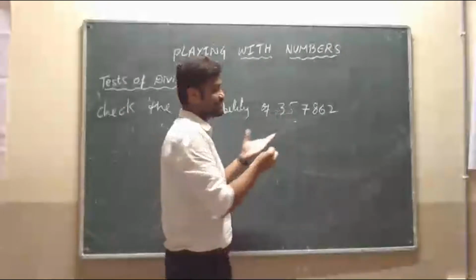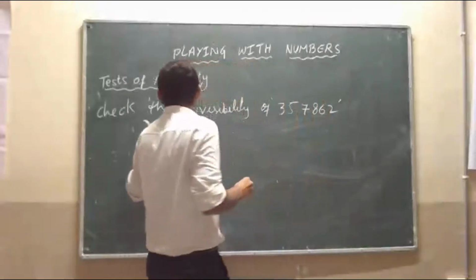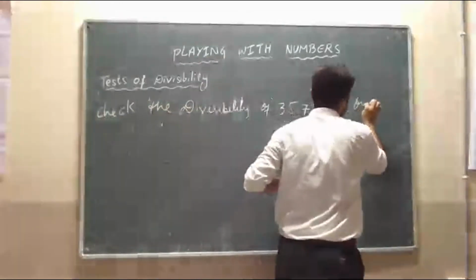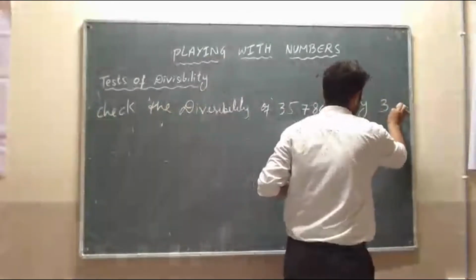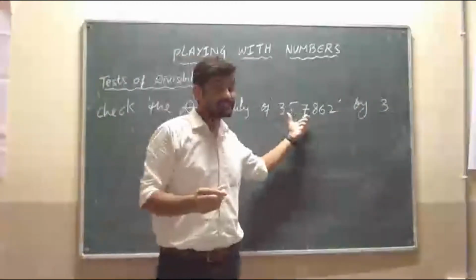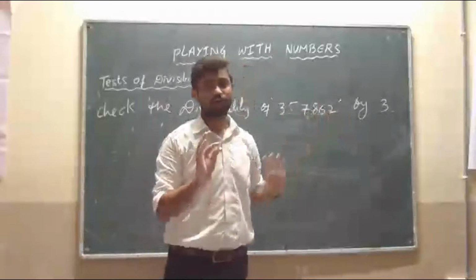Whatever it may be, these are the digits. Check the divisibility of this number by 3. We have to check whether this number is divisible by 3 or not.